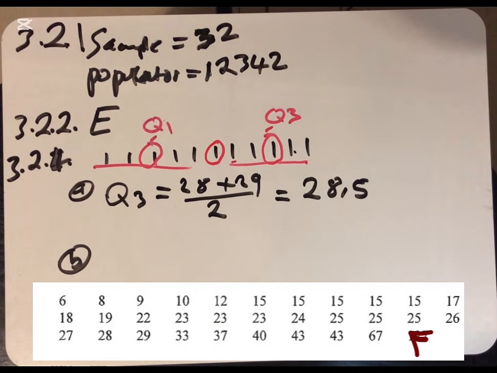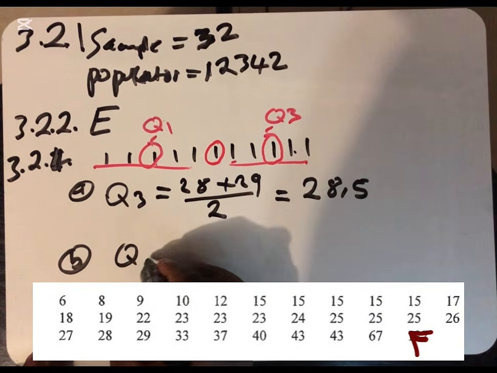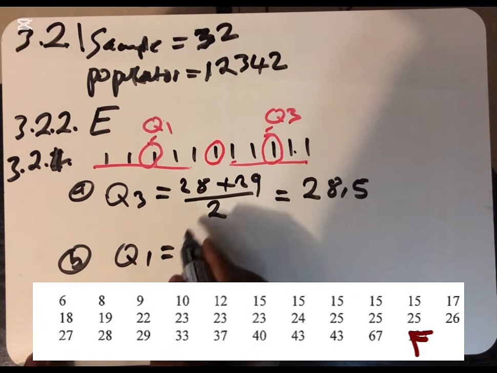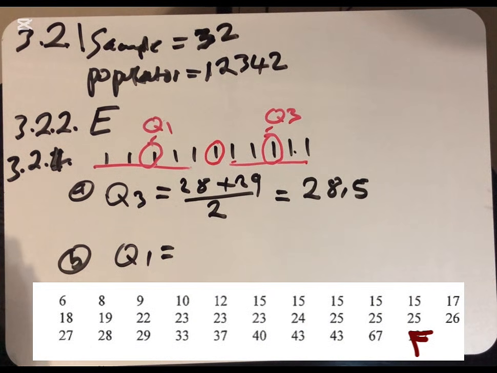So we must now calculate our new quartile 1 and our new quartile 3. If you do the very same thing that I've told you, this is already arranged in order. We have to find our new median.